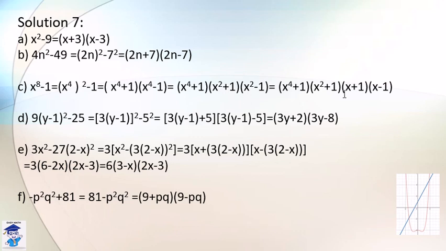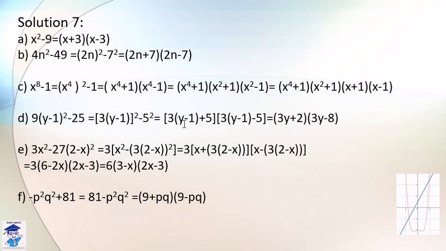So the final answer of C has 4 factors. The first one, x to the power 4 plus 1, times x squared plus 1, x plus 1, x minus 1. Number D, 9 times perfect square y minus 1 minus 25. So here 3 squared is 9, so this made the whole thing is that of A. The B, like the 5, right?